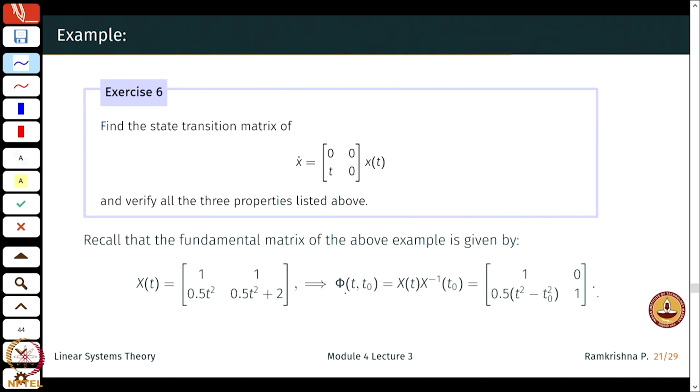To compute the state transition matrix would just be application of this formula: phi(t, t0) is X(t) times X inverse(t0), and if I use the definitions, it turns out that this matrix over here is my state transition matrix for the given system. So, that's a straightforward procedure to compute the state transition matrix of a linear time varying system.